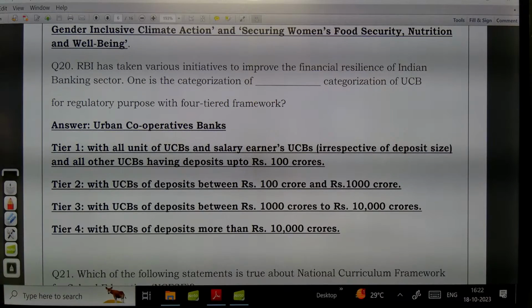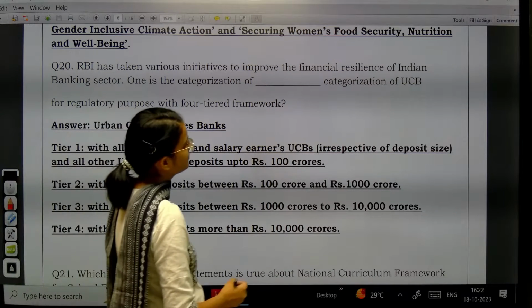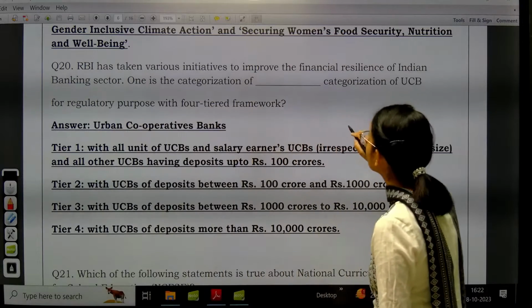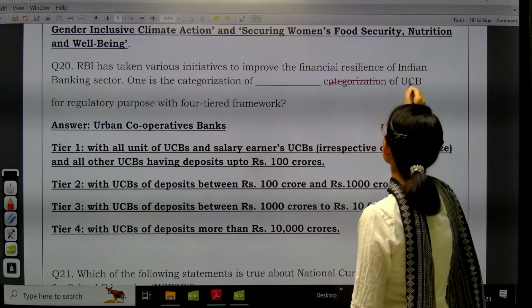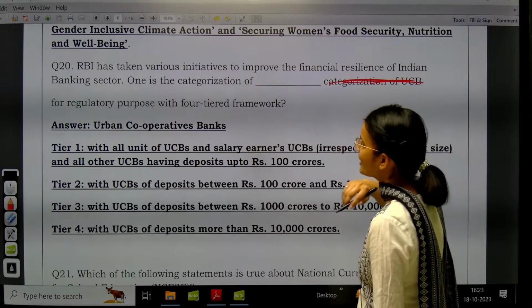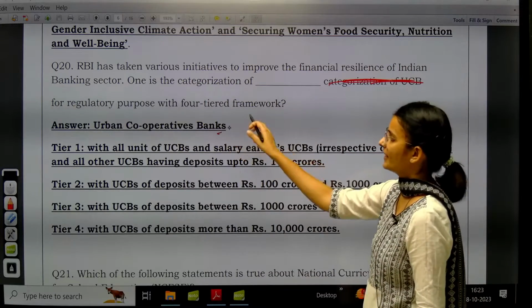RBI has taken various initiatives to improve the financial resilience of Indian banking sector. One is the categorization of dash for regulatory purpose with 4-tiered framework. It is Urban Cooperative Bank.